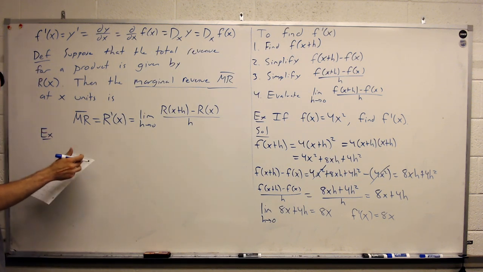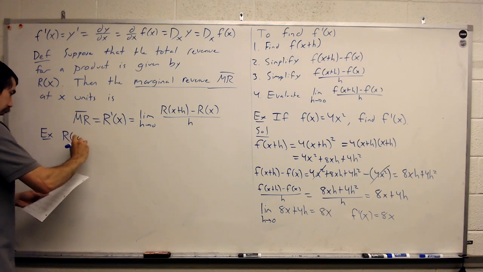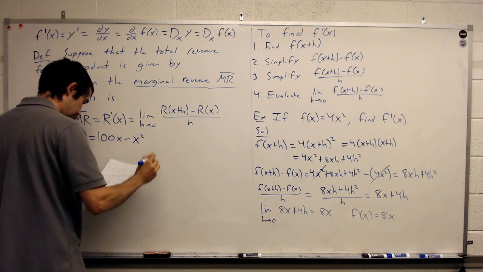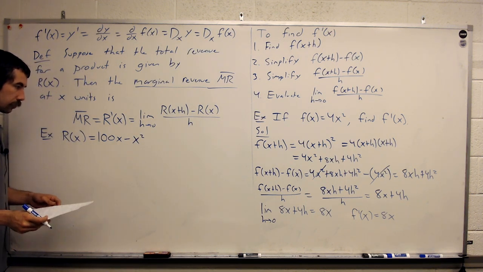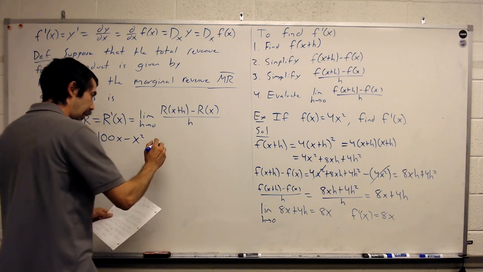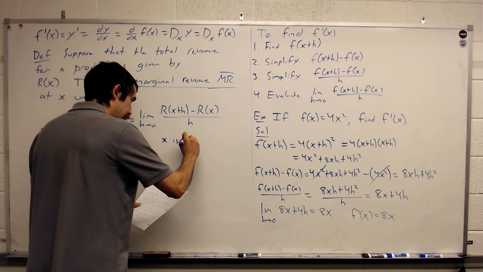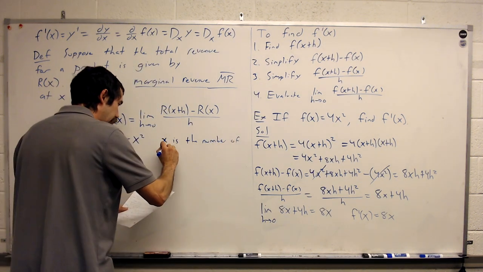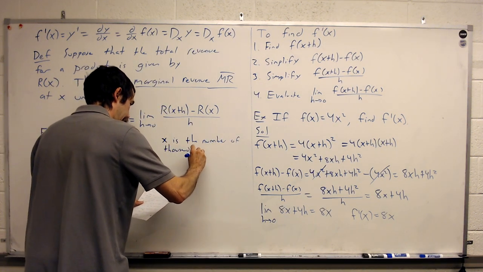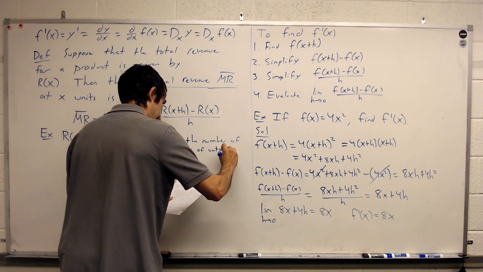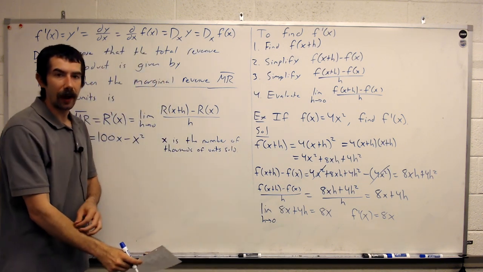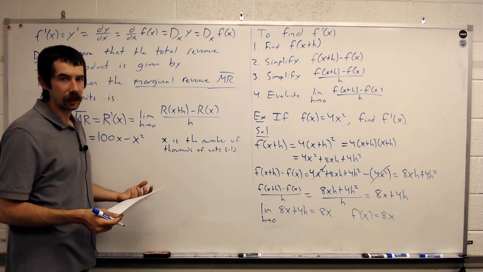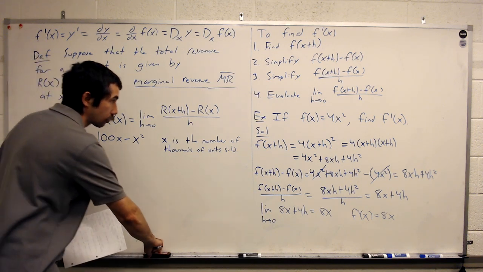Okay, so suppose our revenue function is given by this, where x is the number of thousands of units sold. So x equals 1 would mean you sold 1,000 units. x equals 2 means you sold 2,000 units, and so forth.